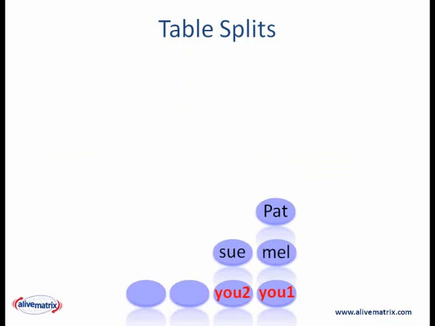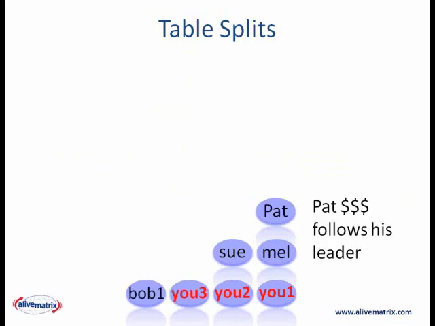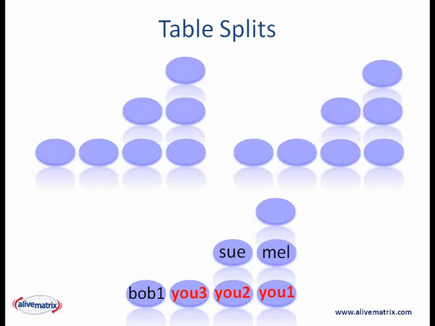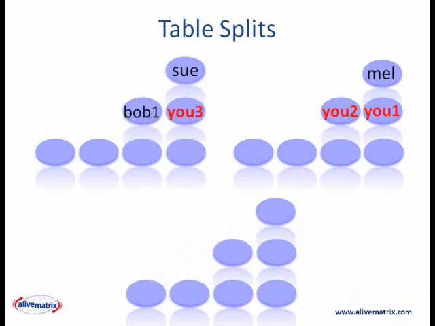So what happens? The bottom here is filled, then Pat gets paid his marketing fee and follows his leader. 2 new tables are created. Everyone on the right hand side advances 1 level to the newly created right table, and everyone on the left hand side advances 1 level to the newly created left table, and the original table disappears.